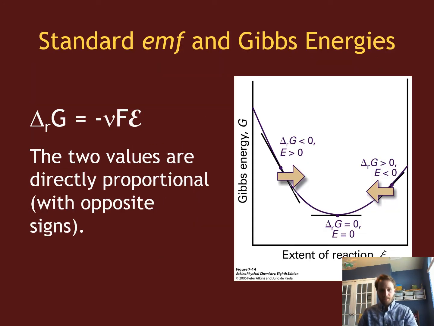What that means, for some reaction that's spontaneous, is that the free energy is going downhill, which means the cell potential has to be positive. At equilibrium, the overall cell potential is 0, and the free energy change is 0. And if I wanted to go up, then the free energy change is greater than 0, so the cell potential has to be less than 0.